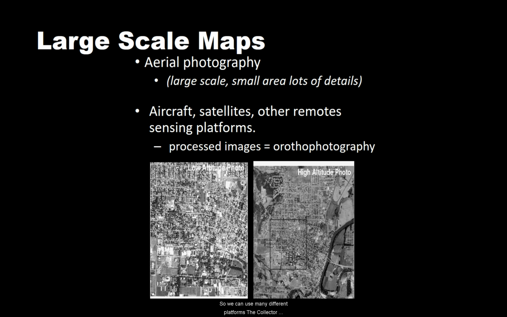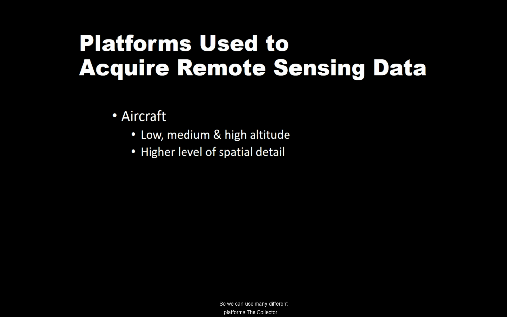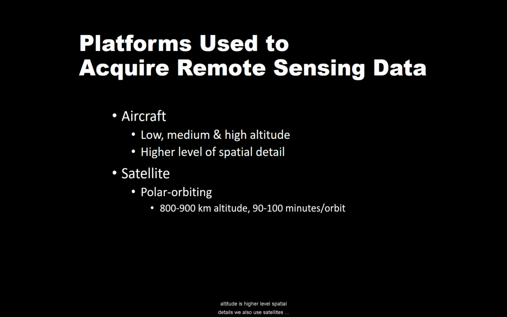So we can use many different platforms to collect remotely sensed data. Early remote sensing took place with tying cameras on pigeons, with geographers going up in hot air balloons and taking imagery from afar. But nowadays we use aircraft, we use low, medium, and high altitude. We use higher level spatial details. We also use satellites that can orbit the equator.